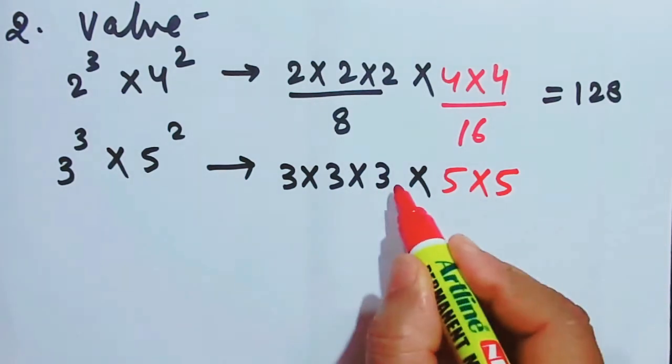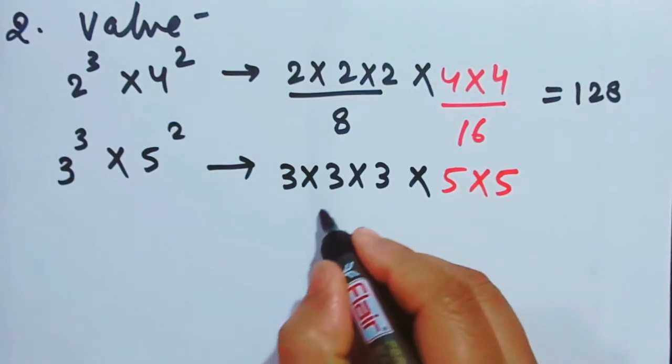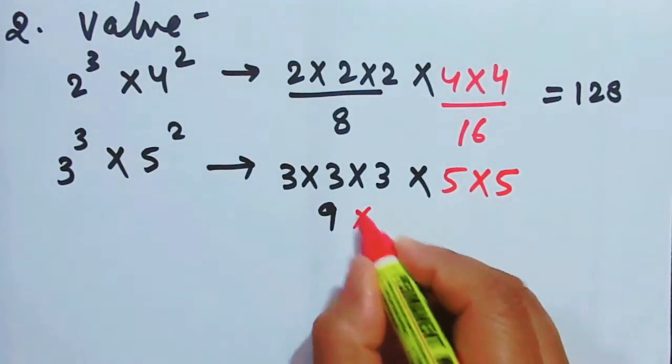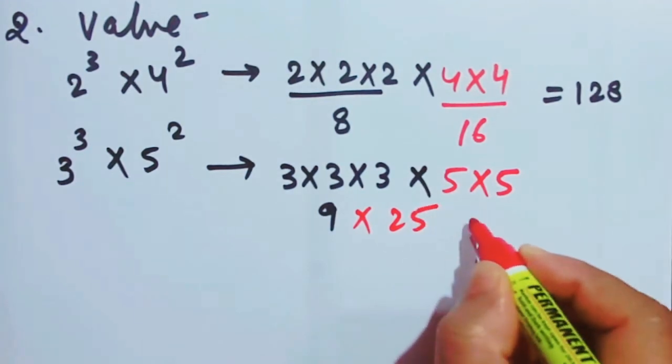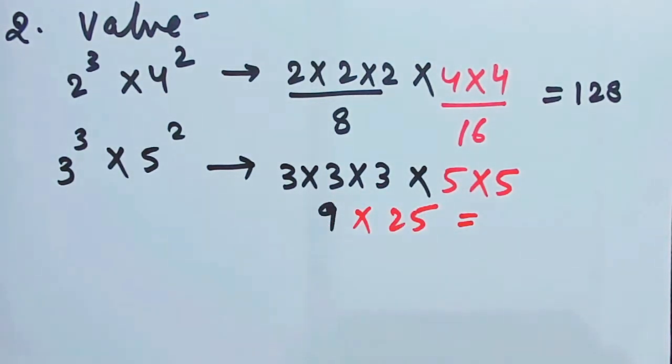Therefore 3 times 3 times 3 will give you how much? It will give you 9, while 5 into 5 will give you 25, and when you multiply this, sorry, not 9, it is 27.